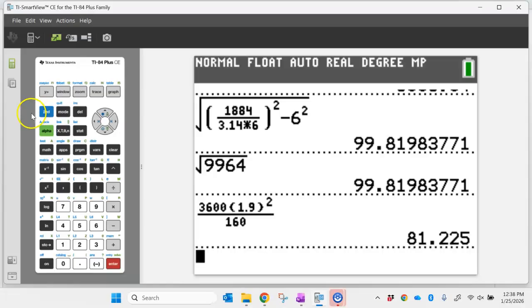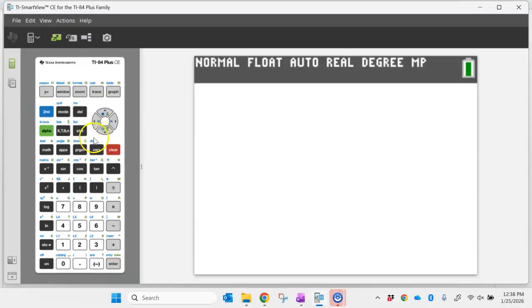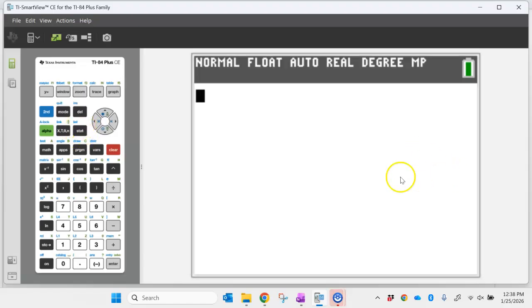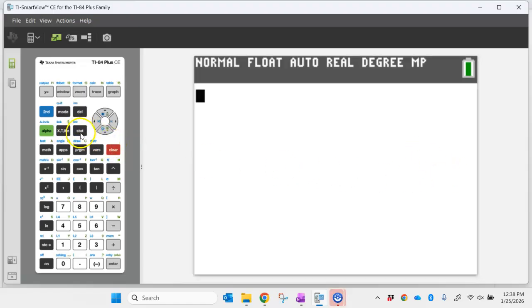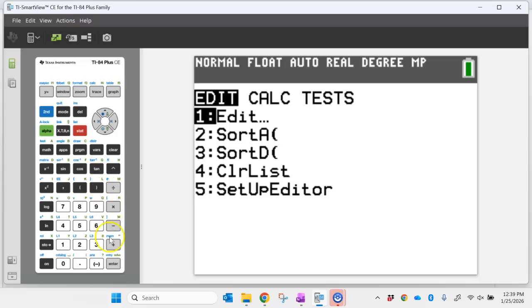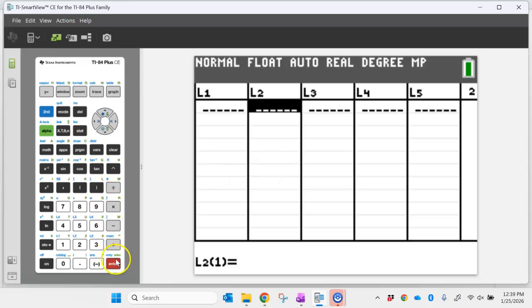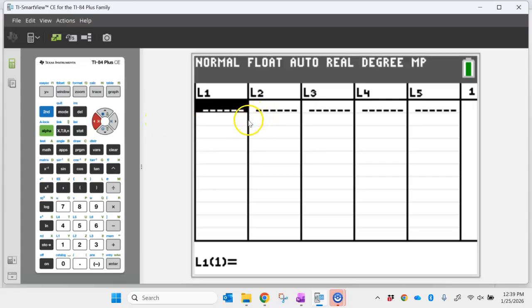So right here, if I go ahead, pull up my calculator, what I would do is I'd go right here to stat, which is right next to where you have your alpha button, the variable button, and stat. So I'm going to go into stat and I'll hit edit right here. And then so now you have these list values.